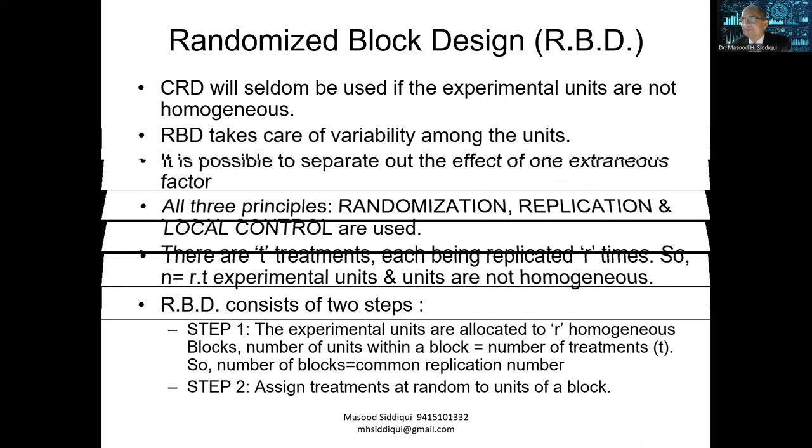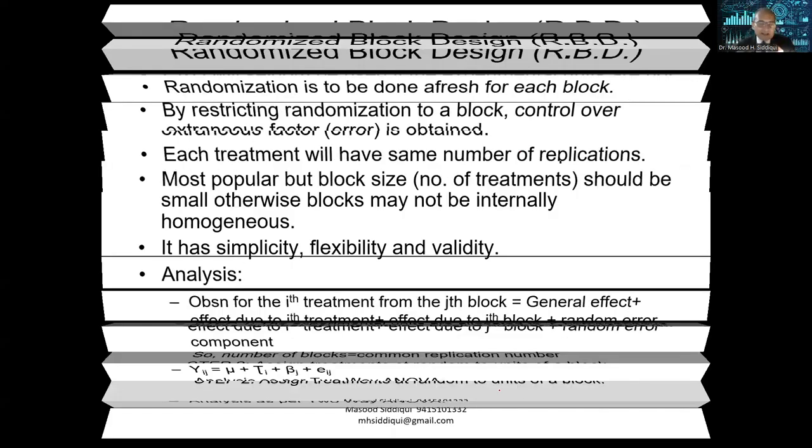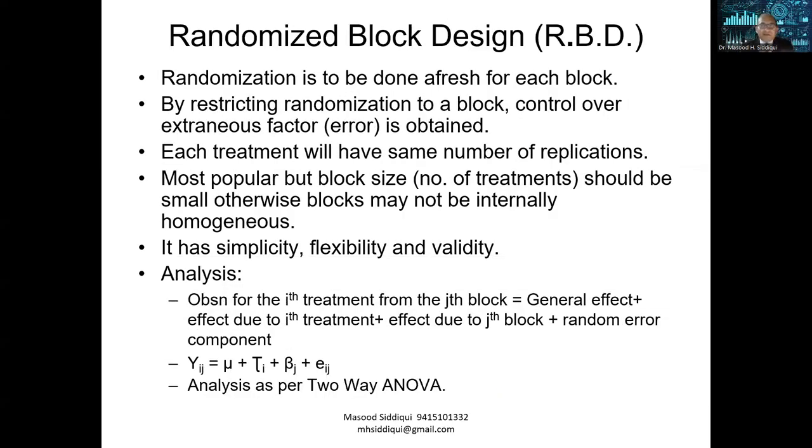Now, in the initial completely randomized design, there is no restriction on the randomization. Randomization is done on the whole sample. But here we are restricting the randomization. How? Randomization is to be performed afresh for each block, so the randomization is limited to a block only.